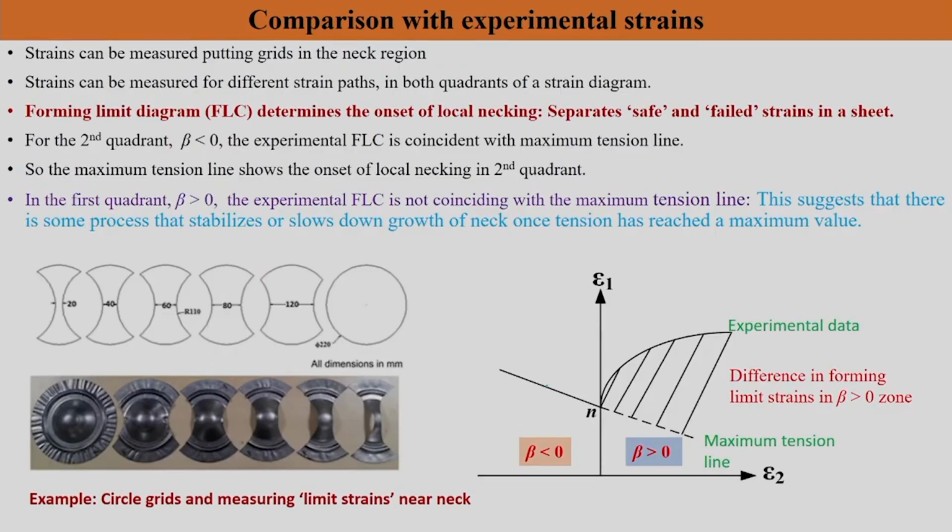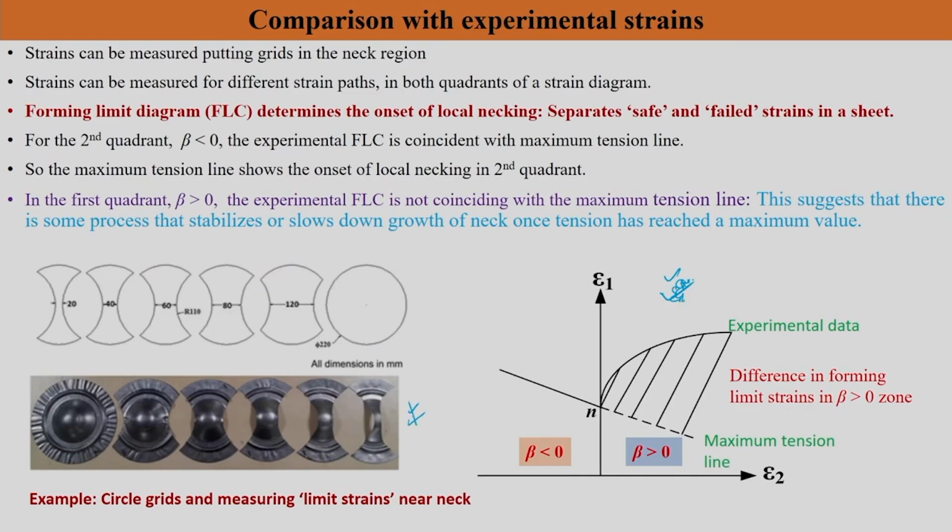But there is one point here. The important point is that when we do experiments, actual trials, and find out this epsilon 1 star and 2 star, there is some discrepancy, as shown in this figure. I think we understand that this kind of sheet can be used for different strain paths.